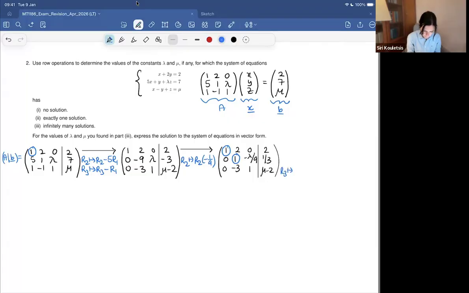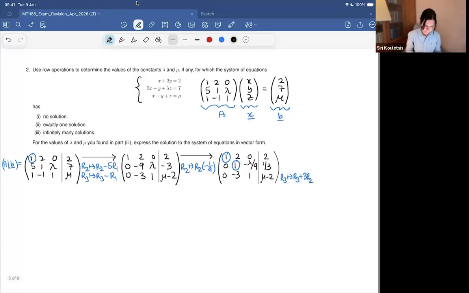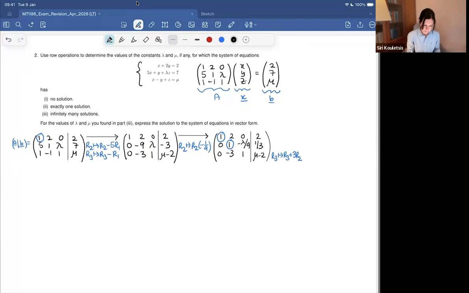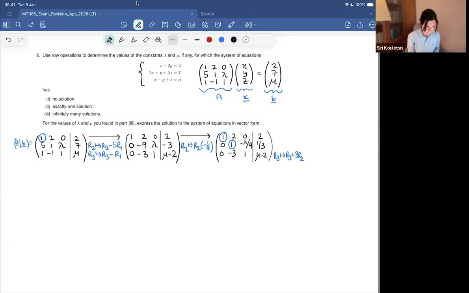So row 3 will go to row 3 plus 3 times row 2. See what that gives. Let's just write down the other 2 rows.